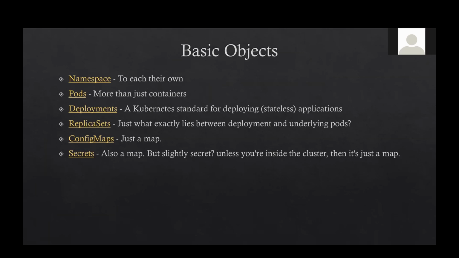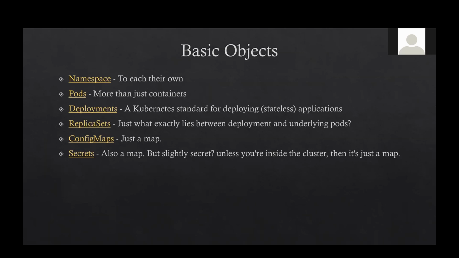Deployment is a Kubernetes standard for deploying stateless applications. The majority of Kubernetes applications are deployed as deployments. When we create a deployment, it creates a replica set, which then eventually creates pods, and we can tell the deployment how many pods we want. Along with that, we tell the deployment a bunch of other information.